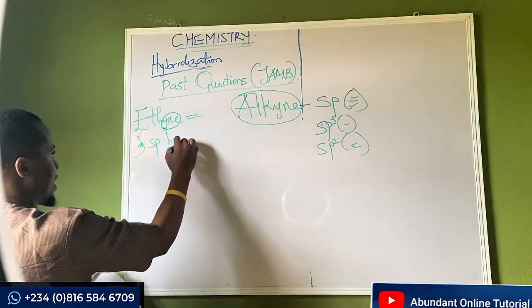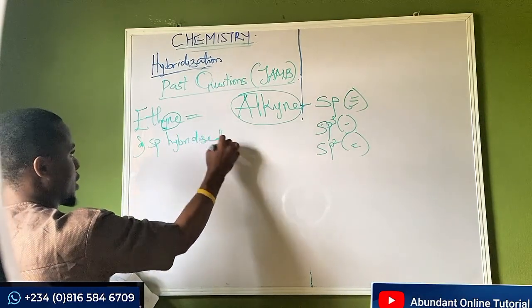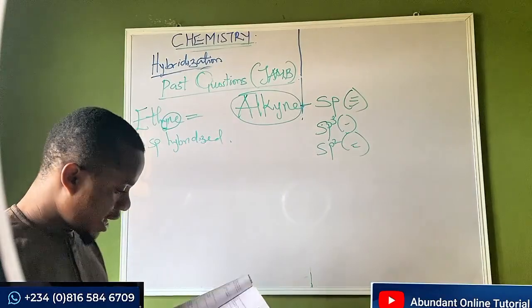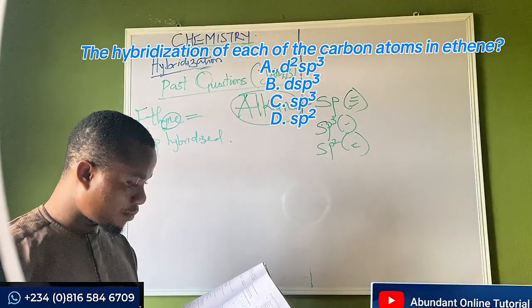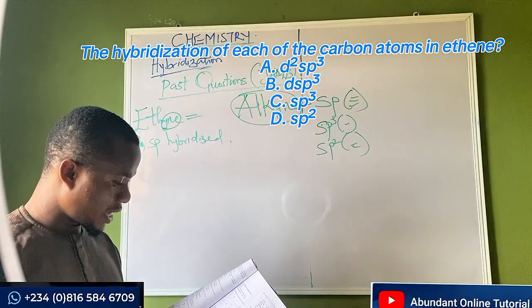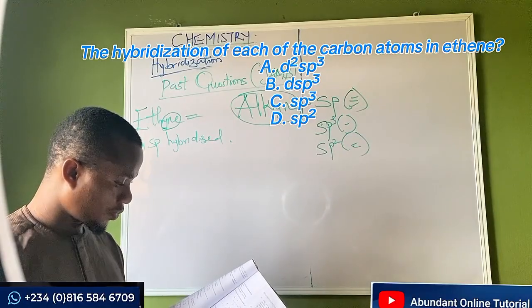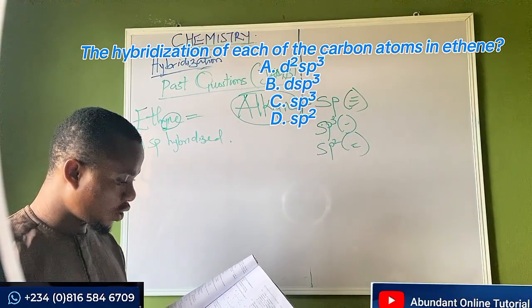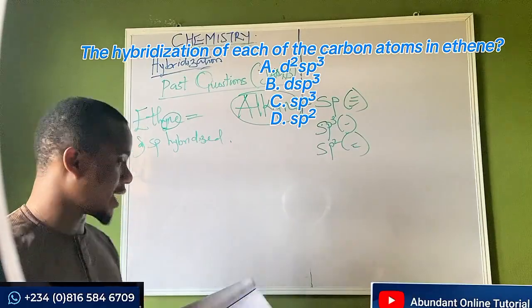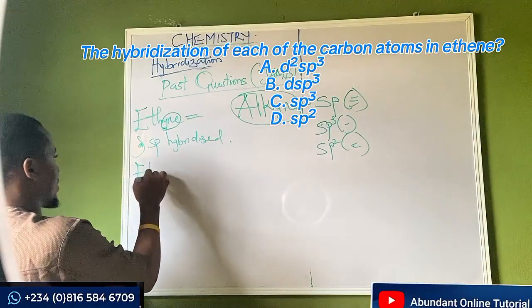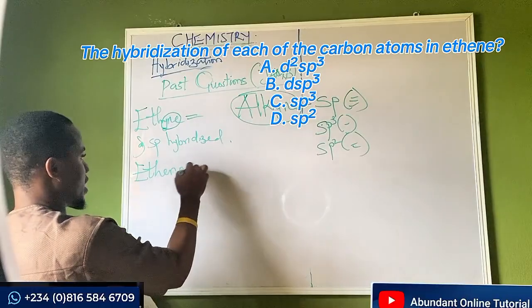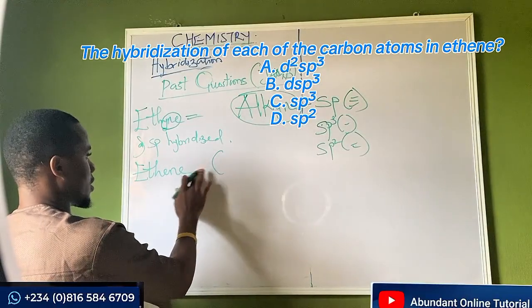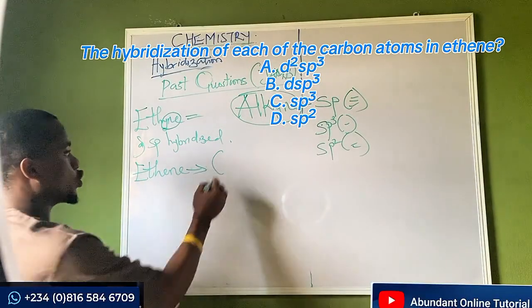sp hybridized. Thank you. The next one says the hybridization of each of the carbon atoms in ethene is what? We have ethene. Note that it has a double bond.